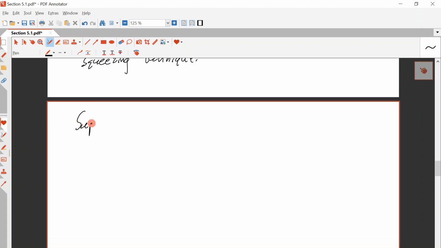Suppose that a_n is positive in every term, so bigger than or equal to 0 for all n, and a_n converges to 0.